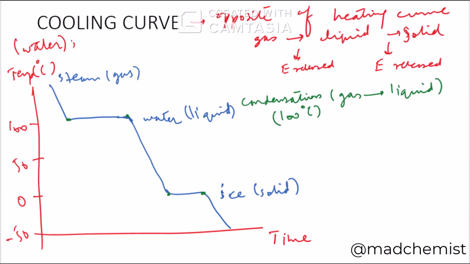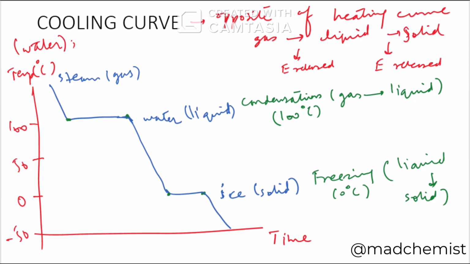This is the time where the whole water is converted into ice, solid form. So this is the freezing point, and the freezing point of water is 0 Celsius. Here, the liquid water is converted into solid state. And after that, the solid state persists.